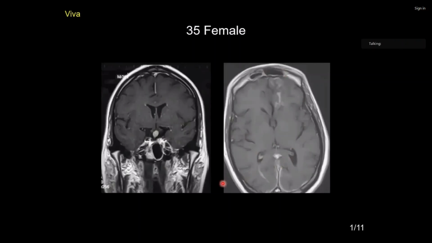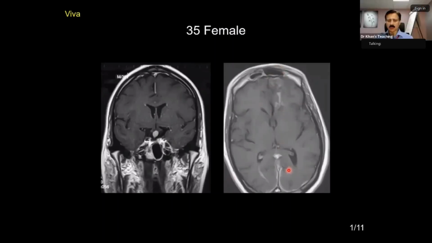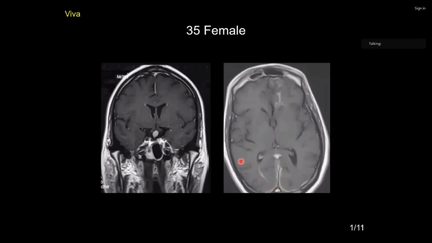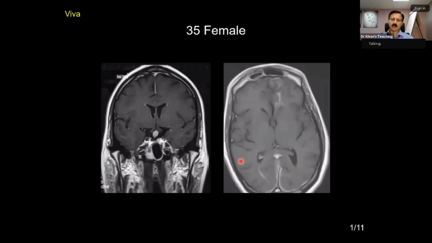Yes, there is patchy heterogeneous enhancement of the left frontal lobe. Okay, so you have picked up enhancement here. What's happening here and here? There is pachymeningeal enhancement posteriorly. Okay, so with this infundibular enhancement, dural enhancement, and some parenchymal enhancement which goes to the edge, what comes to your mind?